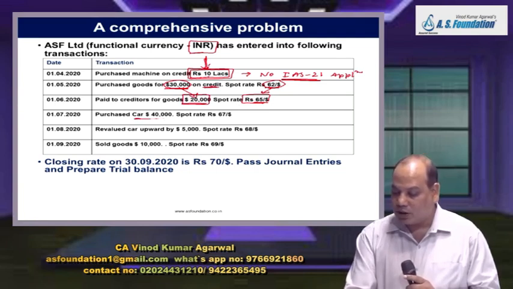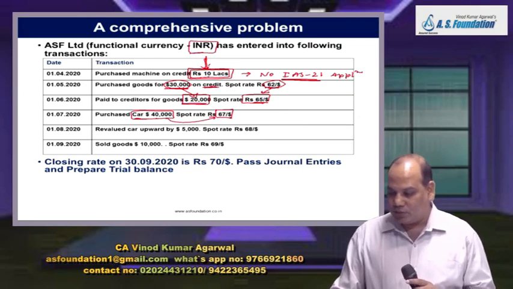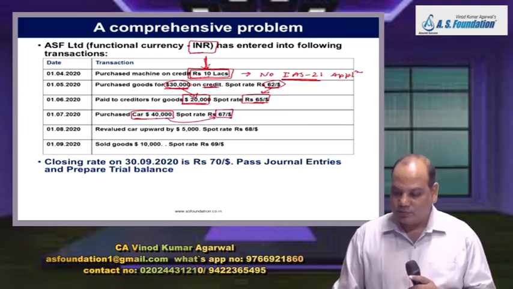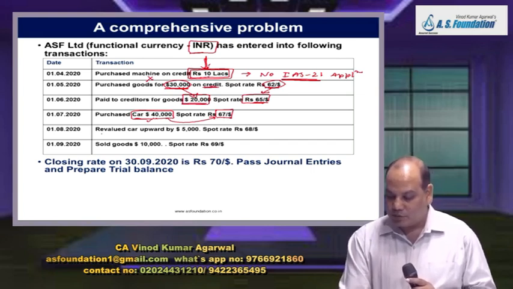Purchase car. Car is a non-monetary asset for 40,000 and the rate is 67. But now this car is purchased using foreign currency. So here your IAS 21 is applicable. For machine it is not applicable, but for car it is applicable. First you apply this rate. Revalued car upward by $5,000.